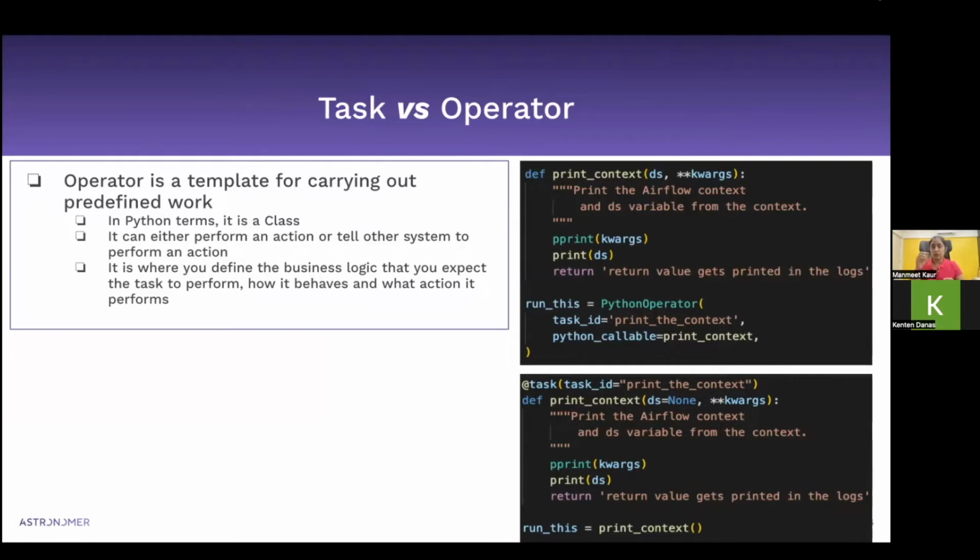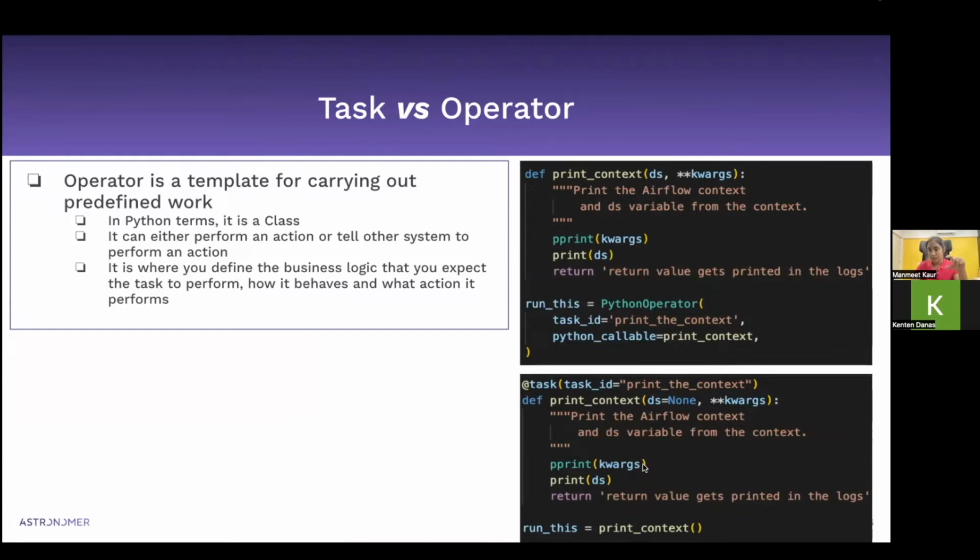So an operator is basically a Python class, which is under the hood extended from a base operator class. So any Python method that you want to write, you can actually call it using the Python operator, for example, and it will appear as a task on the Airflow UI. Now, starting from Airflow 2.0, we have the TaskFlow API as well.